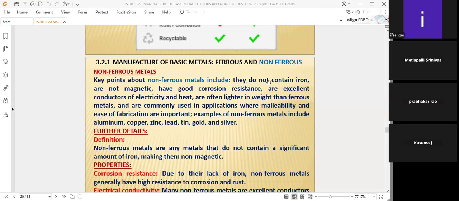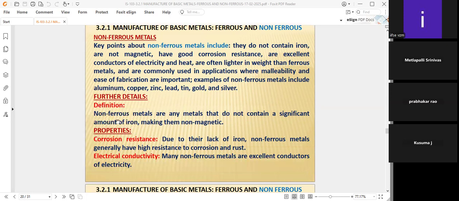First point is they do not contain iron, so they are not magnetic. Good corrosion resistance is there because iron is not there. They are excellent conductors of electricity and heat. Further details: non-ferrous metals or materials are any metals that do not contain a significant amount of iron, making them non-magnetic.